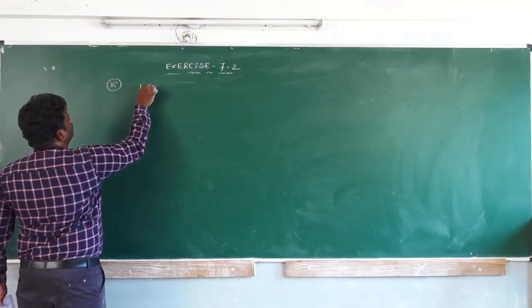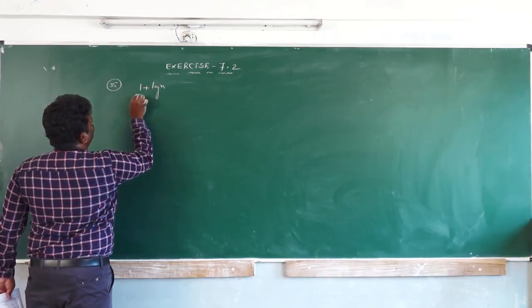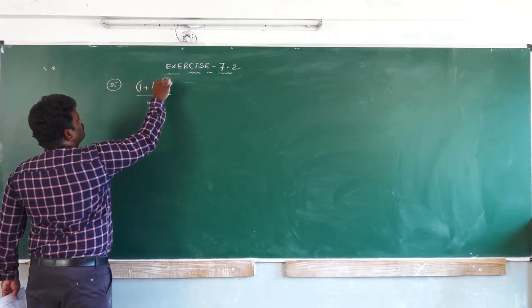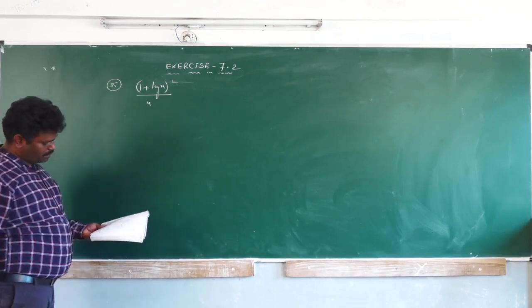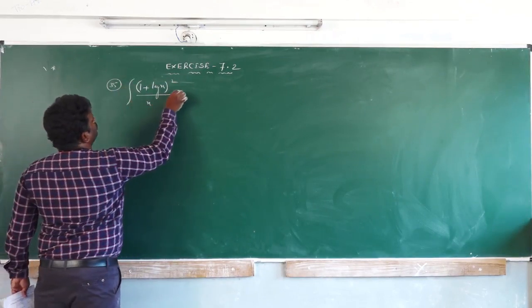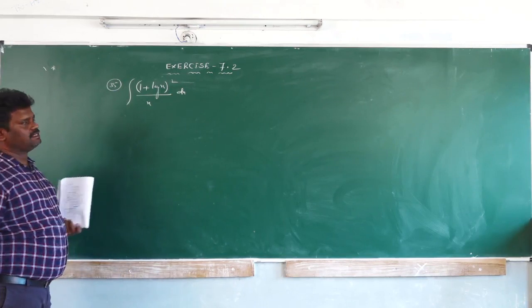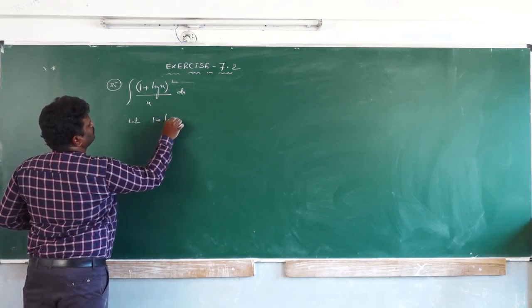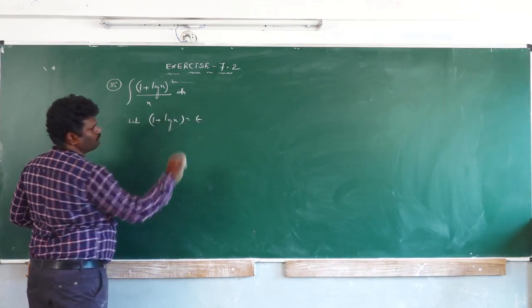Next: integral of 1 plus log x whole square by x, dx. Now let 1 plus log x be equal to t. The derivative of 1 is 0 and of log x is 1 by x, so 1 by x dx is equal to dt. Then the integral is t square dt, where 1 plus log x is equal to t.